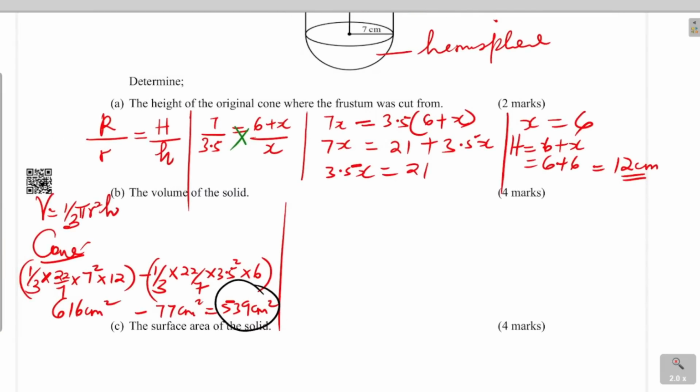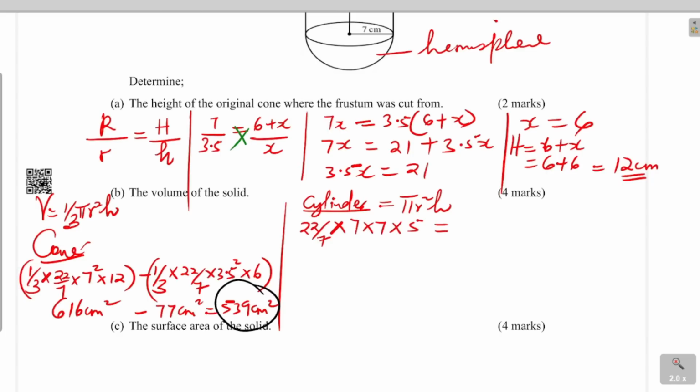So cylinder, the volume of the cylinder is given by pi r squared height. So we have 22/7 times radius, which is 7, times the height, which is 5.